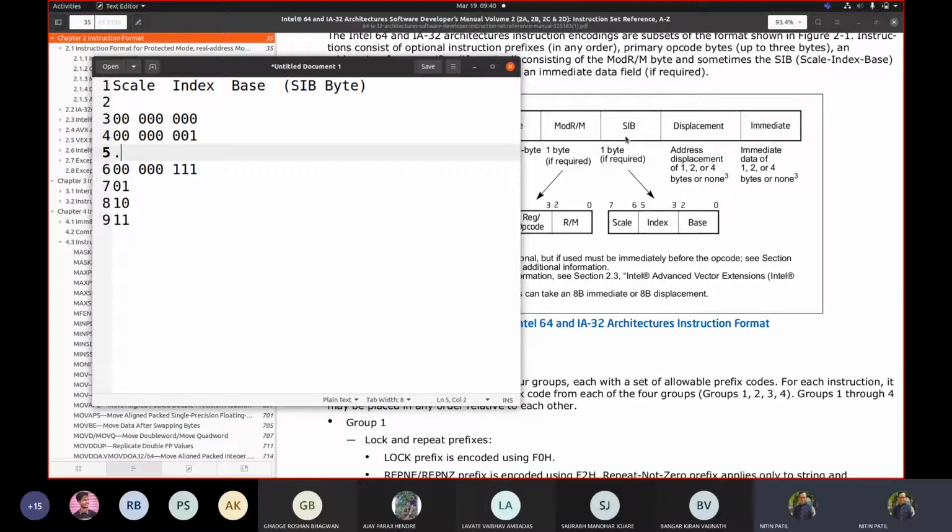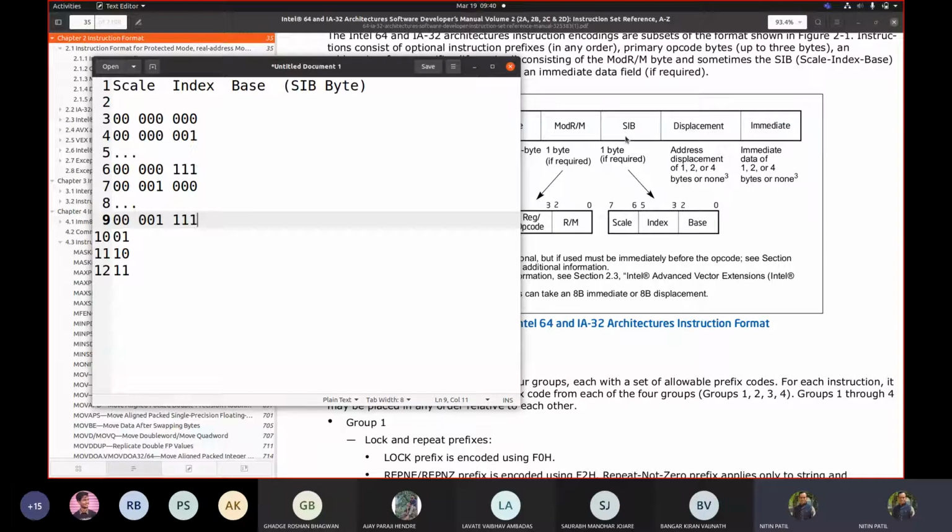So you will see that those eight values would be picked as per the position for base as well as for index.